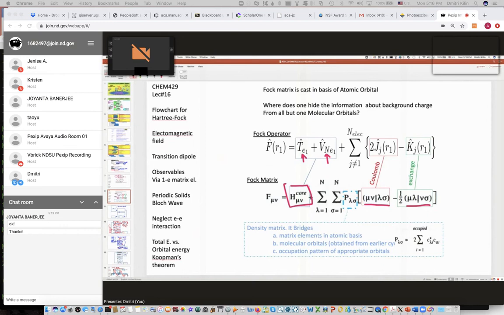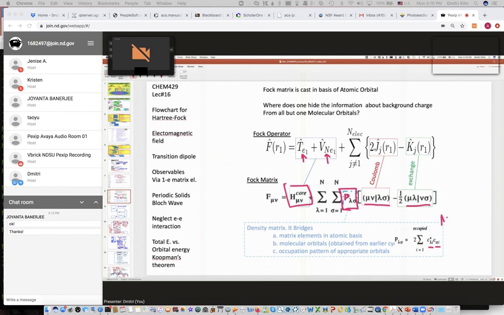And since we need interaction between molecular orbitals, the object capital P with two indices, lambda and sigma, includes products of the expansion coefficients of molecular orbitals from atomic orbitals.